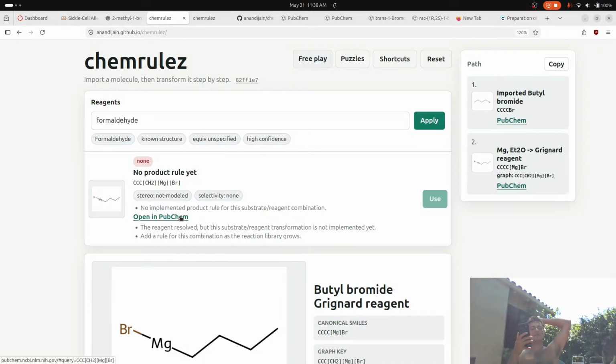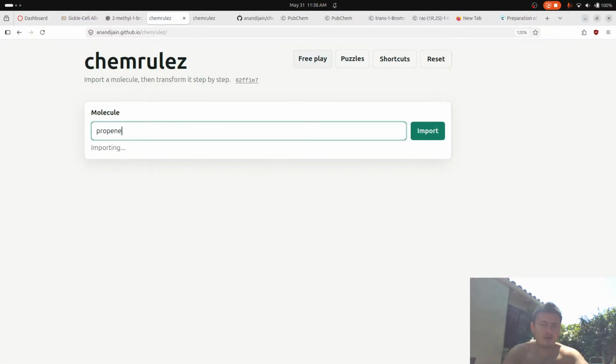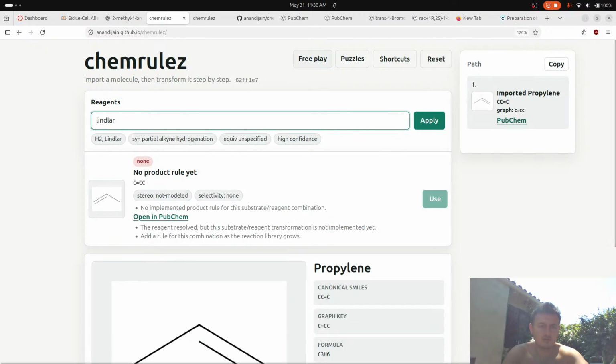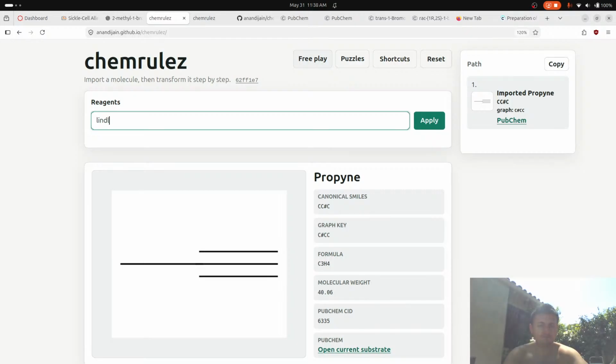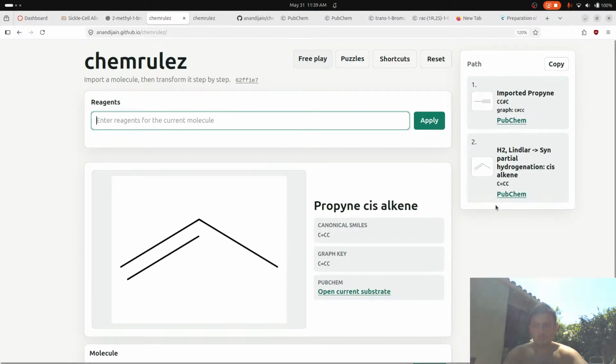One thing that I think would be nice is, when I type in a reagent like Lindlar, let's see, if I propene... I guess what I'm saying is that I would like to be able to look at these reagents or reagent sets, basically the agent of a transformation, the edge of the graph that takes a substrate to its product.